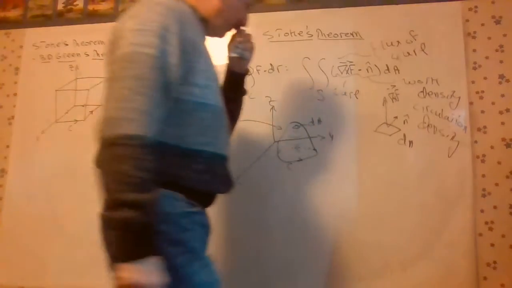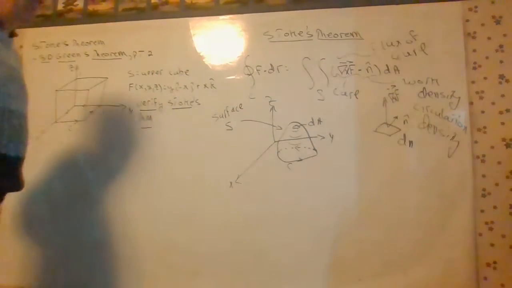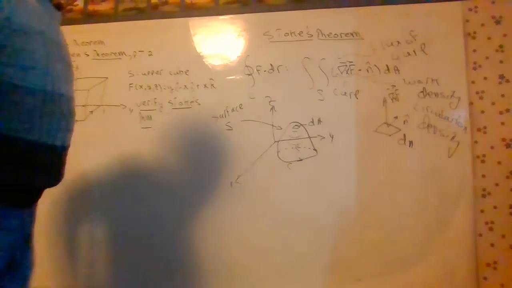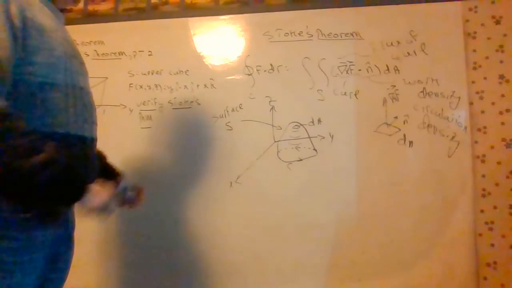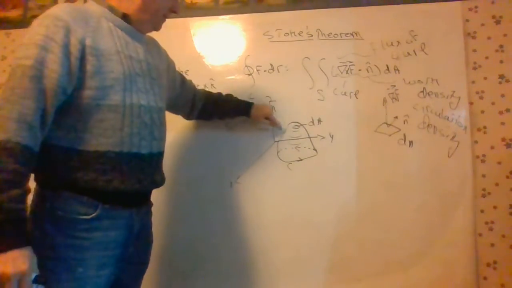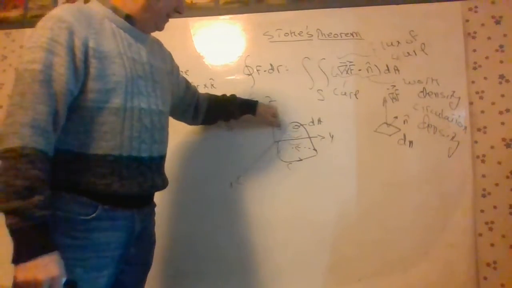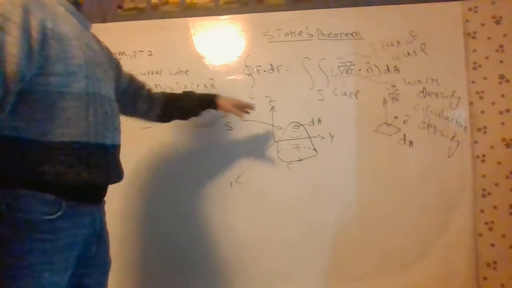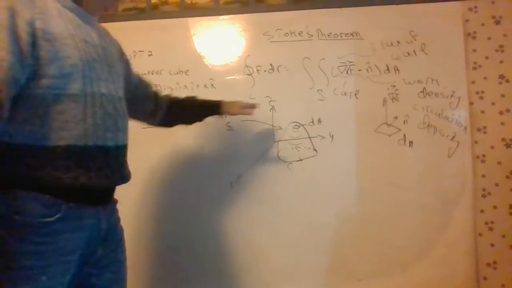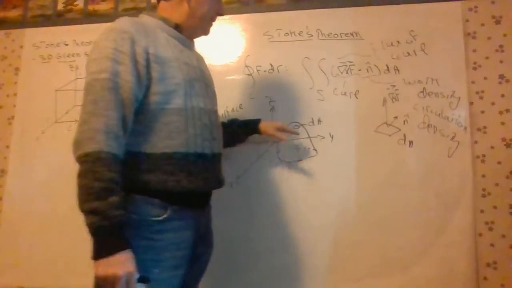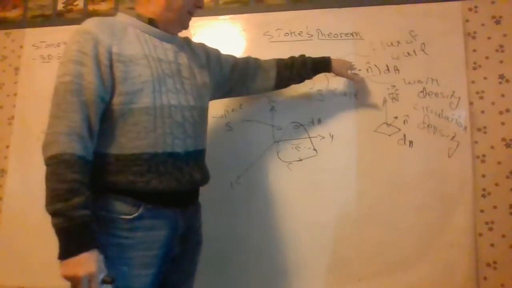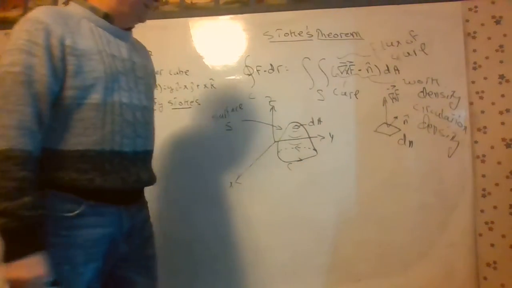We're at the end of the semester, but if you're interested in what the curl represents, it gives you work density or circulation density. You take a little square, figure out the work around it, the path integral, how much work it takes to get around that, or how much work is done by this force, divide by the area dA, and that will give you a numerical value of the actual curl at that point.